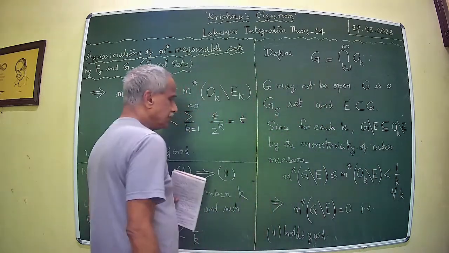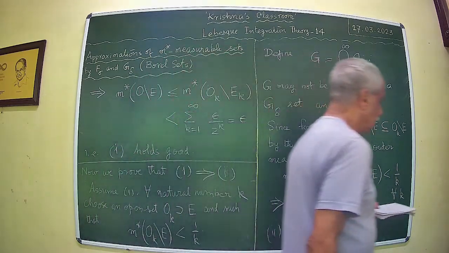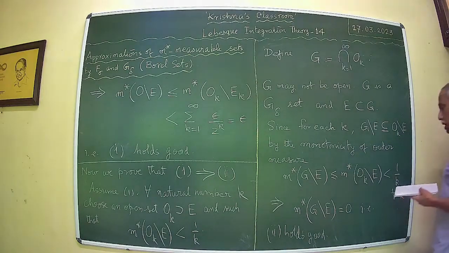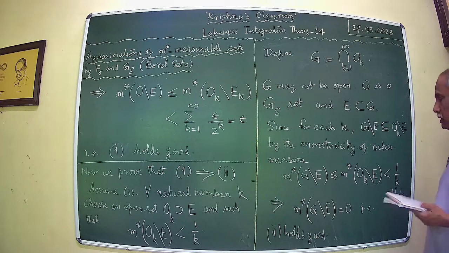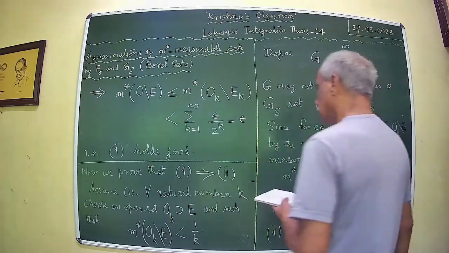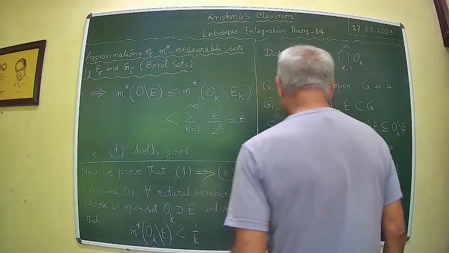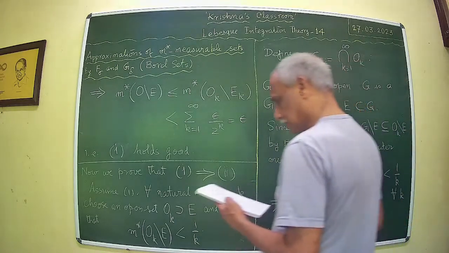So we have proved that measurability of E implies 1 and 1 implies 2.